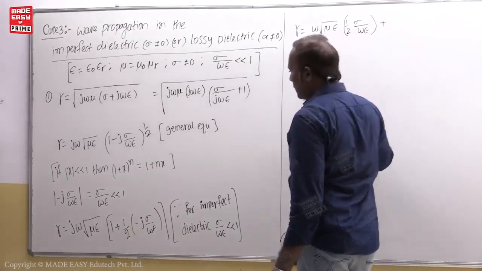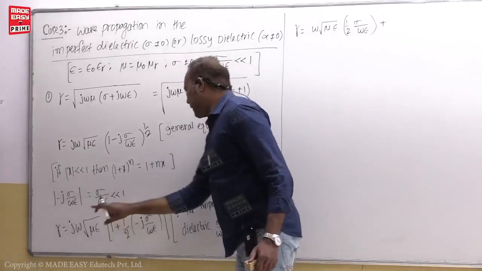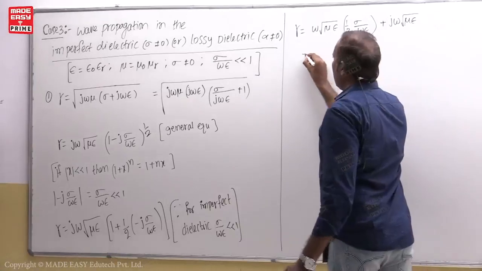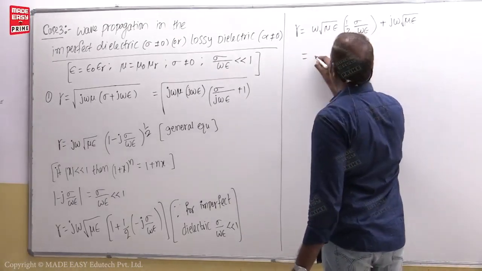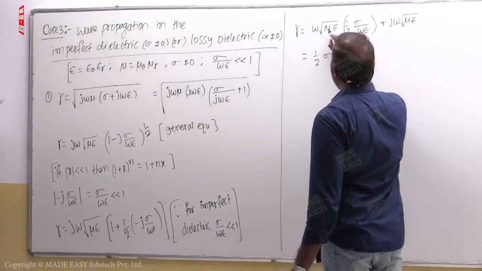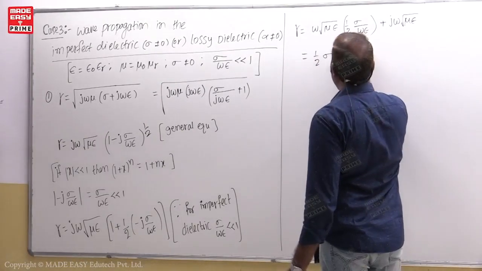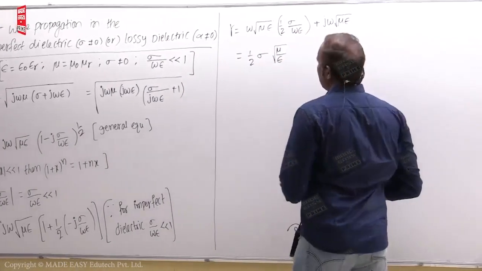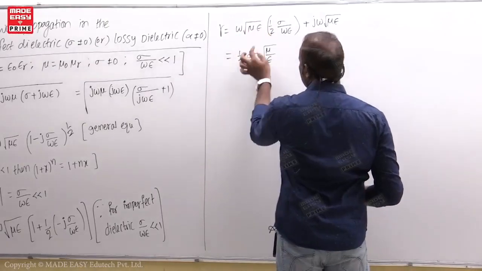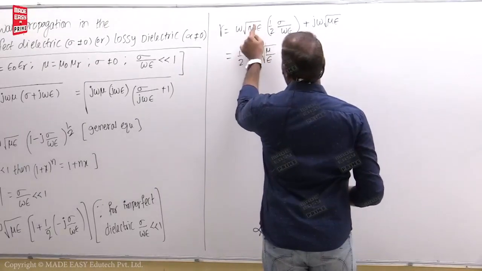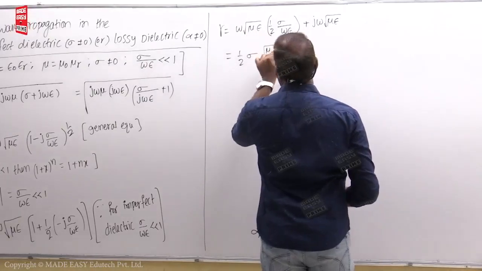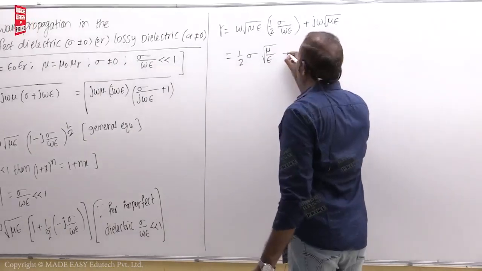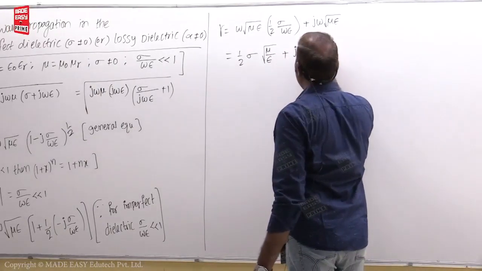Next, plus this multiplied with 1, you get the same thing, that is j omega root mu epsilon. Here omega cancels, then you get half sigma root of mu divided by epsilon. Root mu epsilon divided by epsilon square is there because it is outside the root, then one epsilon remains. So here plus j omega root mu epsilon.